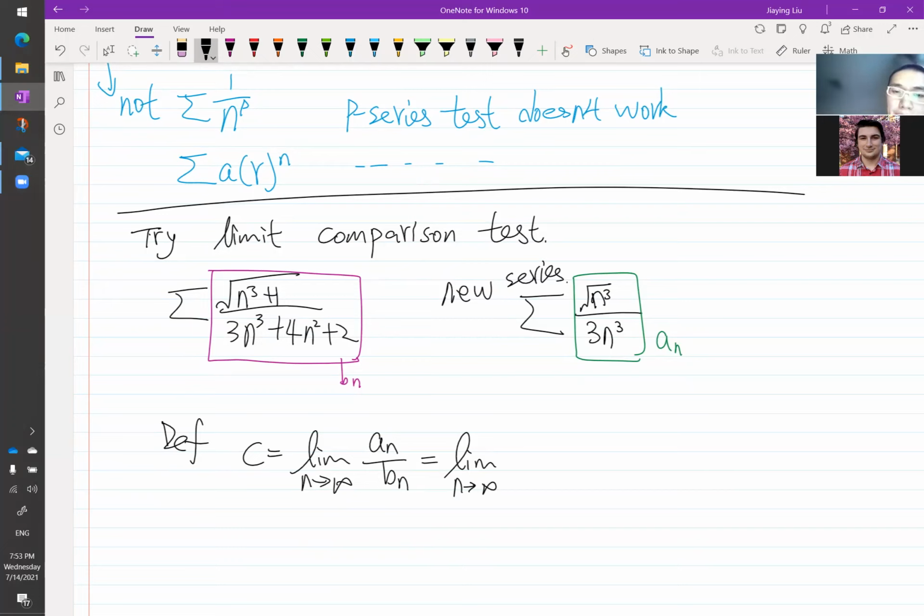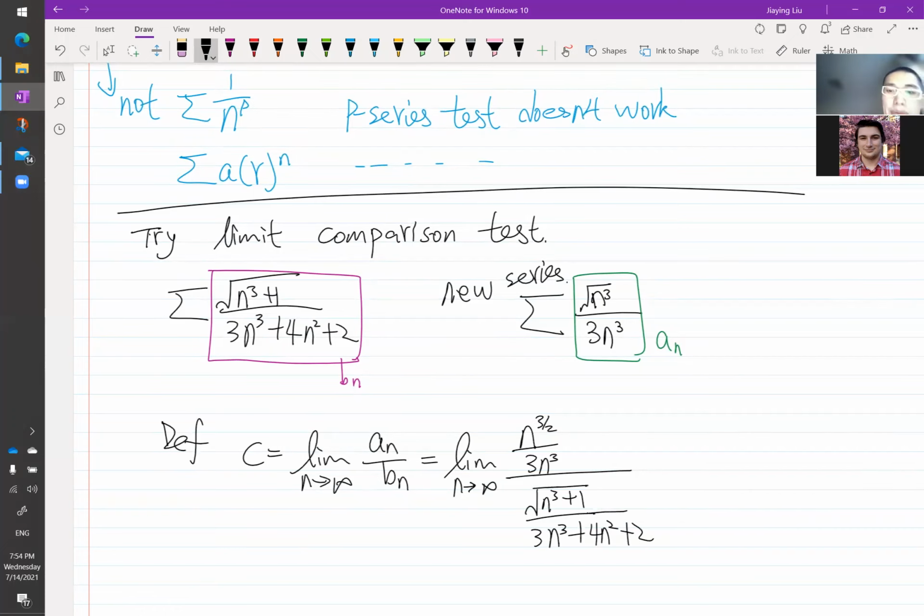So that will become the limit of an, which is the square root of n cubed, so that's n to the 3/2, over 3n cubed, divided by bn, which is the square root of n cubed plus 1 divided by 3n cubed plus 4n squared plus 2.